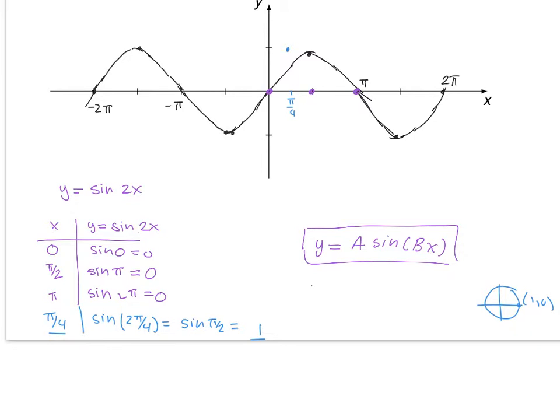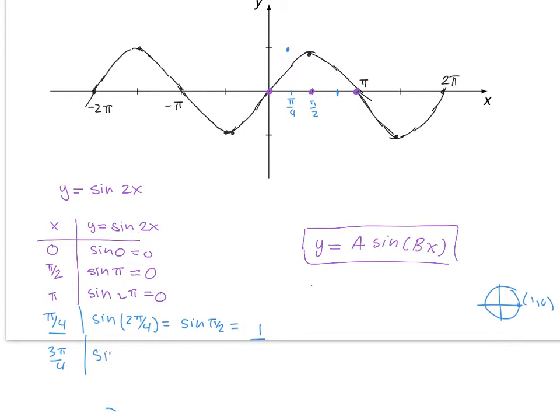What's the number to plug in that's halfway between pi halves and pi? If you have a half and a whole, what's half of between the half and the whole? 3/4. Yep, 3 pi quarters.